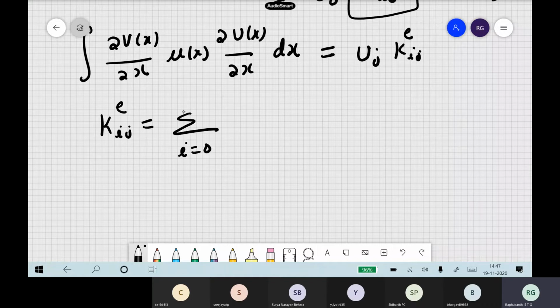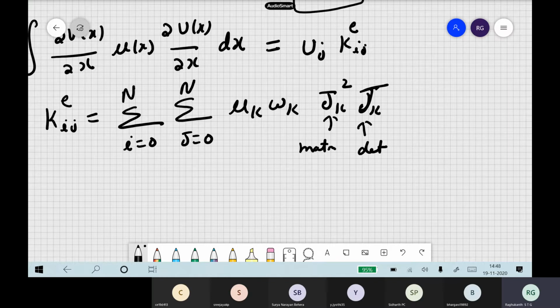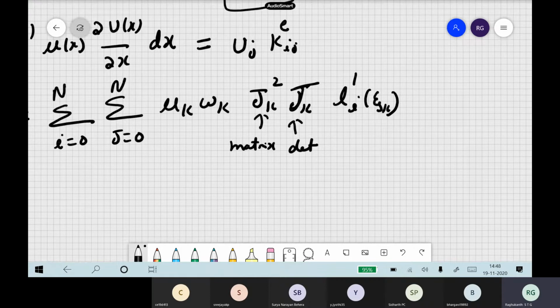So i is equal to 0 to n, then j is equal to 0 to n, mu k wk. So these are the weights of the integration. Okay, there is a Jacobian matrix, then this is the determinant of the Jacobian actually. So this is a determinant, whereas this is a matrix. But finally we had the derivatives of Lagrange polynomials. You followed. So this is L dash j and then psi k. So this is how it came actually.